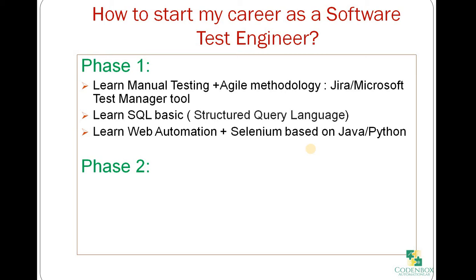But in industry right now, I would say above 90% of software companies follow Agile methodologies, so it's better to follow Agile methodologies. And there are very famous tools that are perfect for Agile methodologies, which are Jira or Microsoft Test Manager. So use either one of the tools and learn the Agile methodologies, all of the steps.